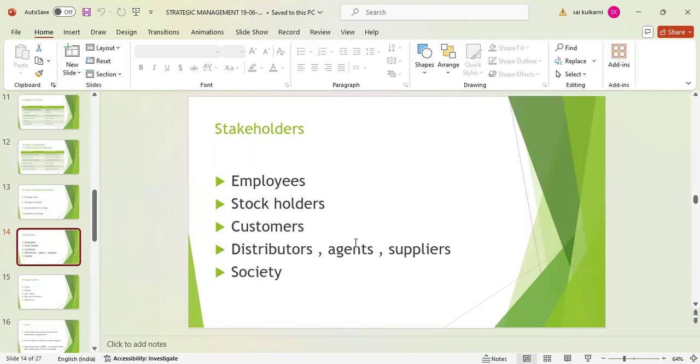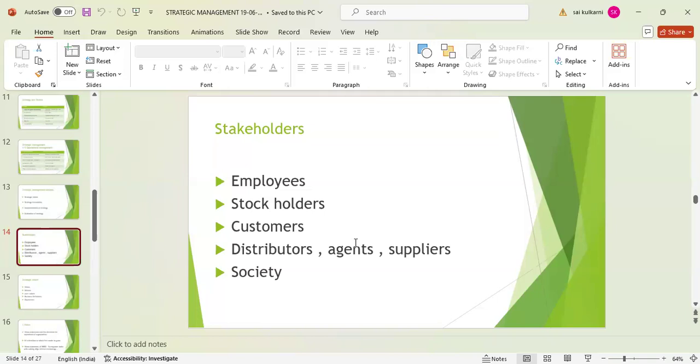To bridge the gap between this manufacturing point and scattered customers, what is necessary? These agents, suppliers, middlemen are necessary. So there is a supply chain. There are wholesalers, retailers, different points of purchase, warehouses.